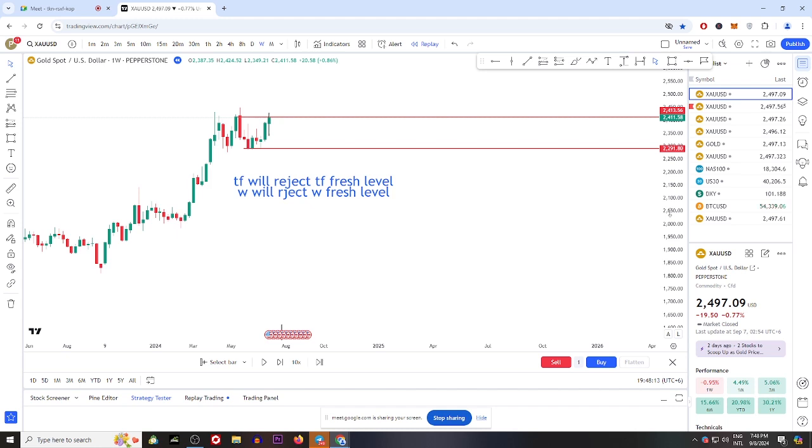So the rejection could happen anywhere from Monday to Friday, any of those five days. It could be Tuesday or Thursday or Wednesday or Friday. So what we will do is adjust the day candle to when the rejection happened. Clear? I will show you in the practical chart.